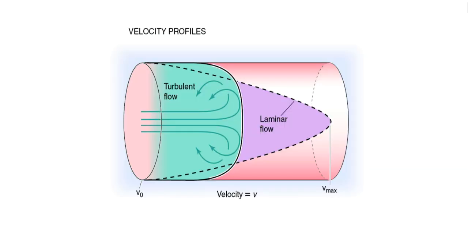These are two different profiles. We already looked at this one to show what happens under laminar conditions. The laminar conditions give this more torpedo shape, a little bit more point, because you have a bigger difference in the velocity between the center of the vessel and the exterior part of the vessel.